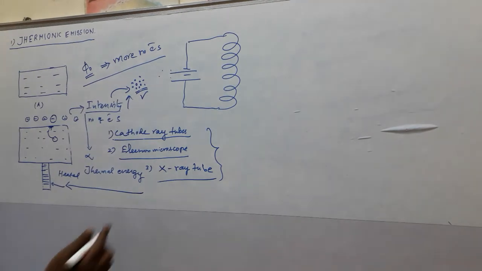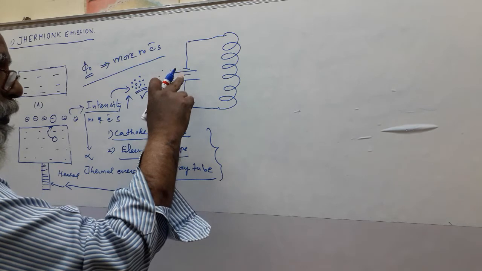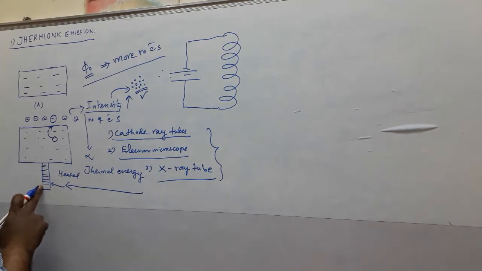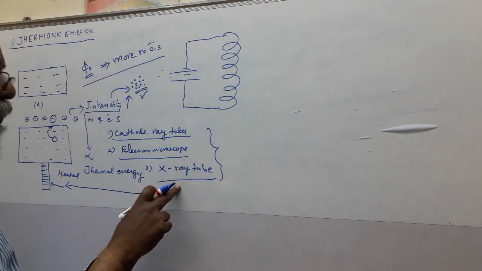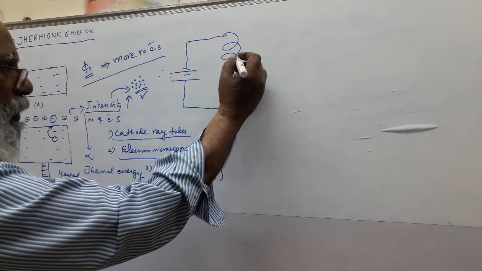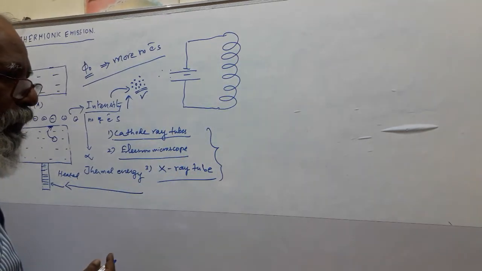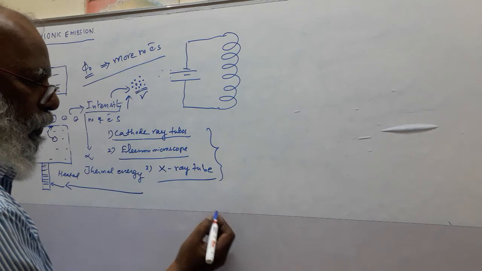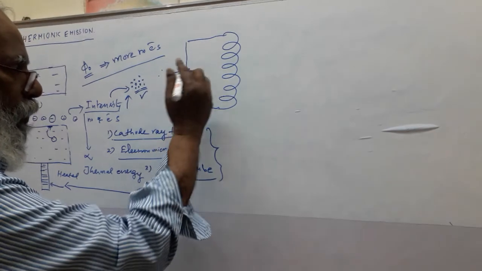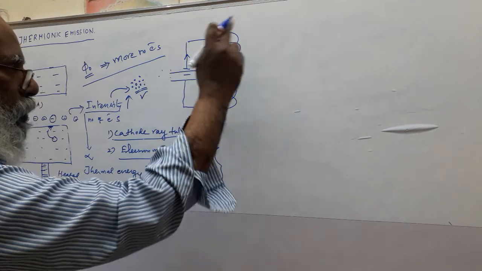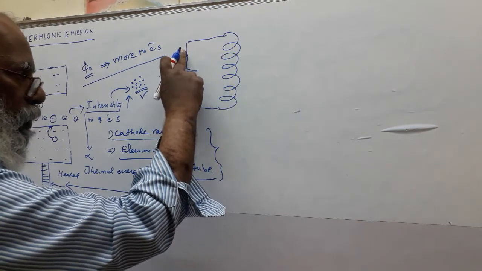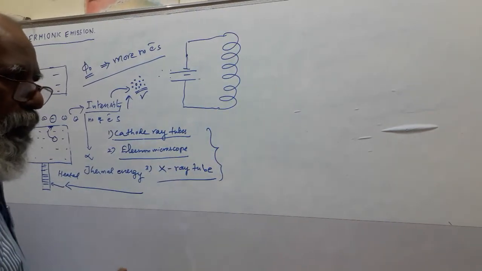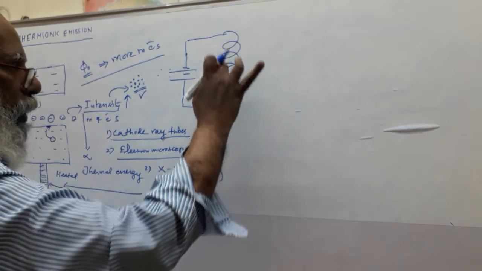During this process, because of the voltage, the filament is heated. Just as in any electronic circuit, if current flows through the circuit and you put in an impedance or resistance, then it will be heated.